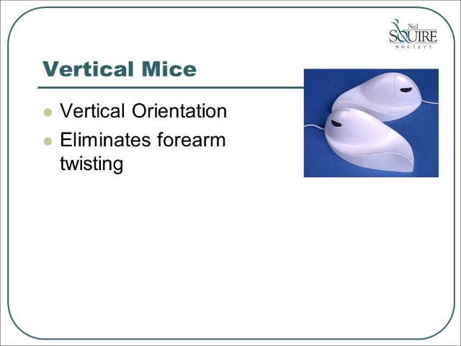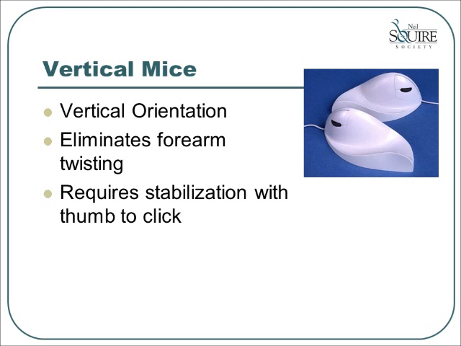For many people with hand and wrist issues, the vertical positioning of the hand can feel more comfortable. However, to click with this mouse, you must be able to stabilize it with your thumb. Because of this requirement, it may not be suitable for someone who has finger issues.